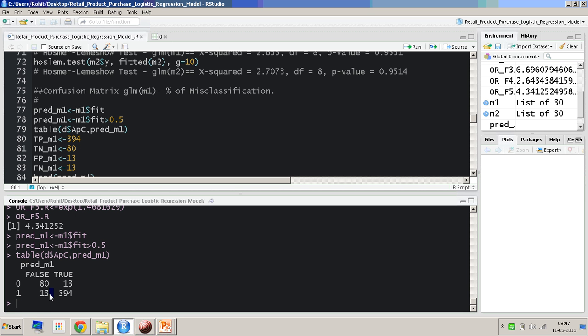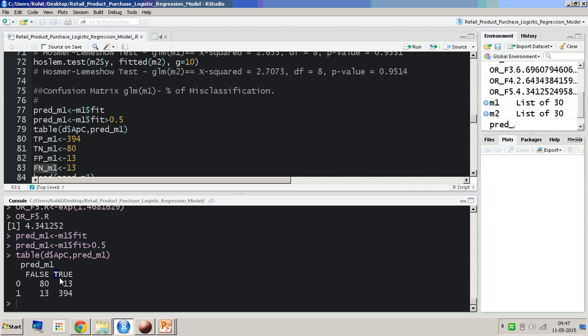So this is the misclassification which has been done by our model, or the wrong prediction with regards to the purchase actually happening, but our model going ahead and saying that it has not happened. So this 13 is considered as a false negative. So this false negative is the 13 which I am showing you over here.